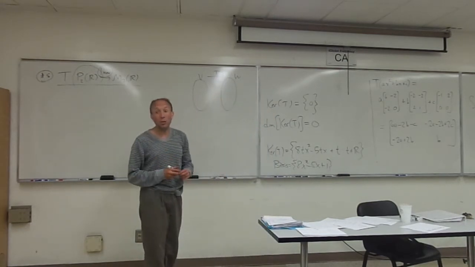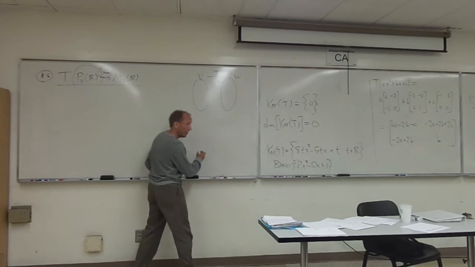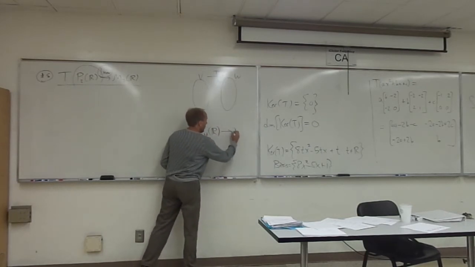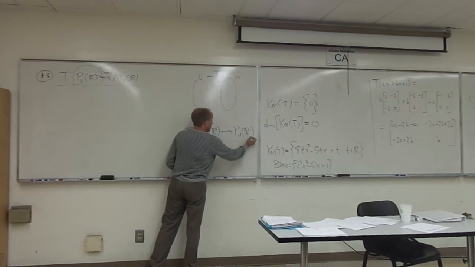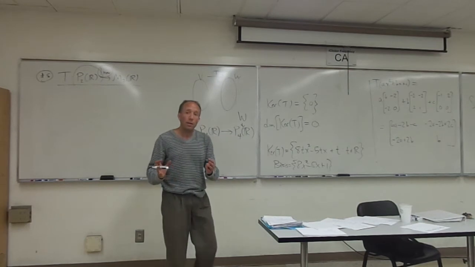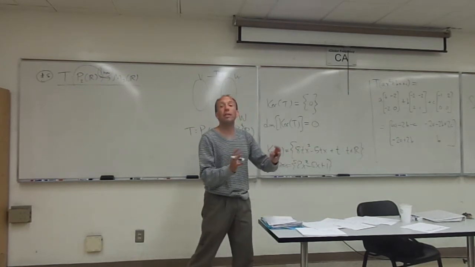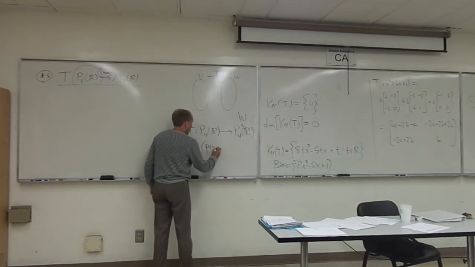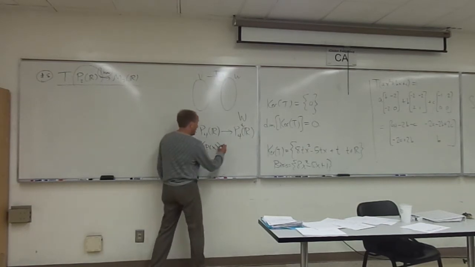I can give you an easier example. This should make it really clear. Suppose that you just did, and this is a different example, I'm not going to go into this too far right now, I just want to convince you that not everything in W shows up as an output. Suppose that I transform a polynomial by taking its derivative.